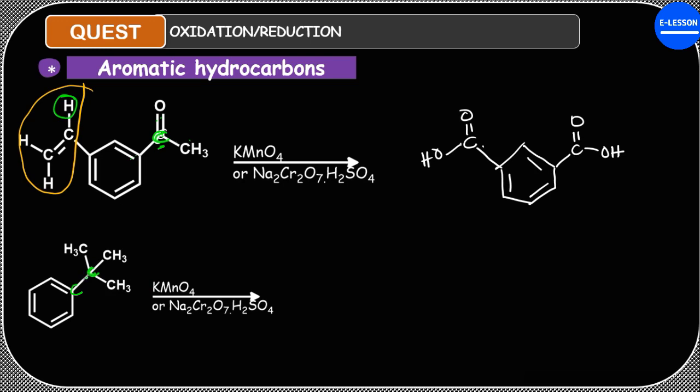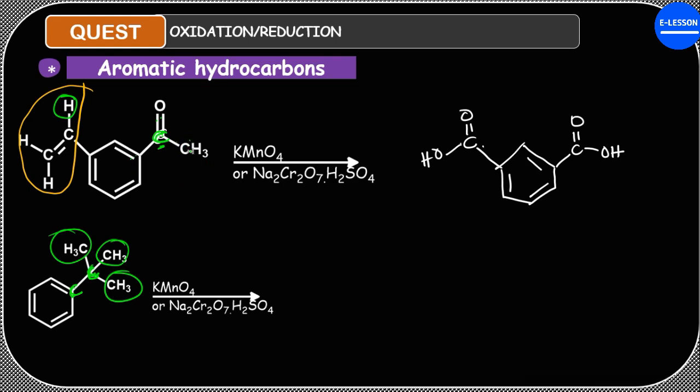It does not have any hydrogen attached, apart from these ones here. And these ones here are not to be oxidized. Is that okay? Because they are not close to carbons carrying a double bond. This is the only carbon close to this carbon carrying the double bond here. Hence, the oxidation is supposed to occur here, but there's no hydrogen for that oxidation to occur. Hence, oxidation cannot occur here.